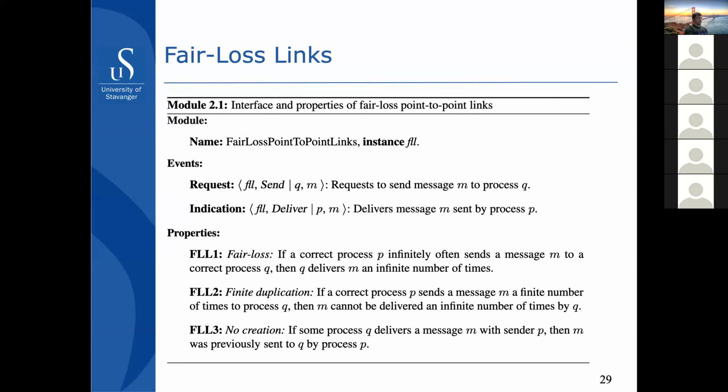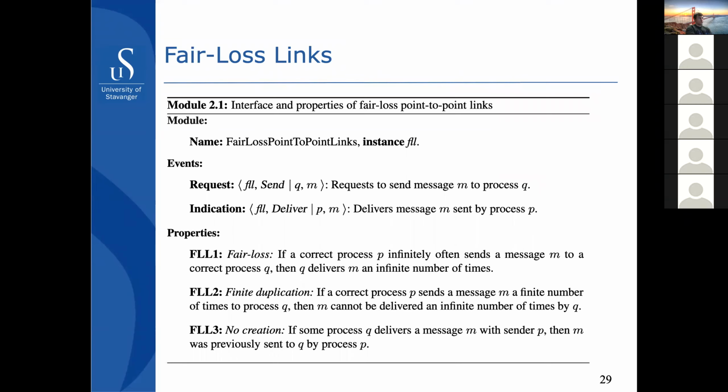And we have finite duplication. If a process P sends a message M a finite number of times to a process Q, then M cannot be delivered an infinite number of times by Q. So this second property says that there is an upper bound on how many times the message can be received by Q. You cannot receive the message an infinite number of times if it was only sent a finite number of times.